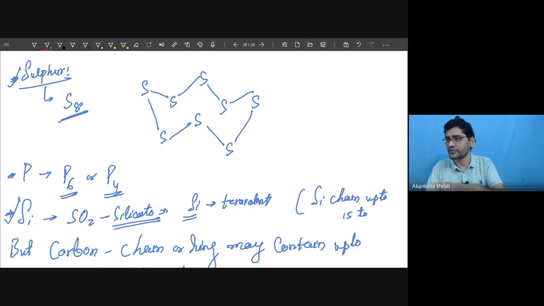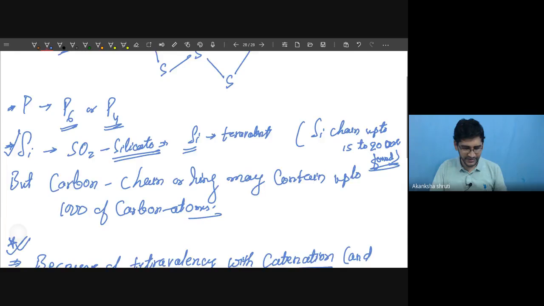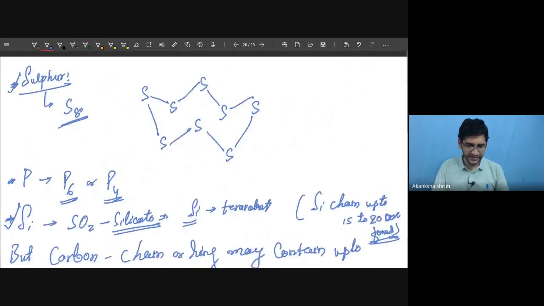If 15 is formed, it becomes unstable. 15 to 20 are found, but bigger than this, the chain for silicon is not found. Therefore silicon, phosphorus and sulfur show catenation to a very little extent. That's why carbon is very versatile.